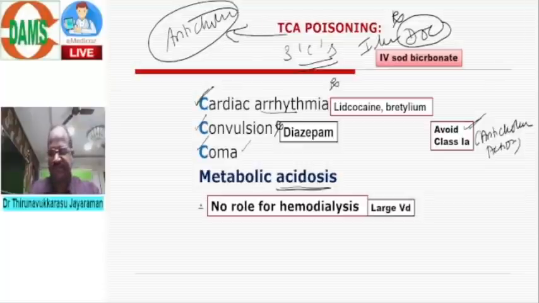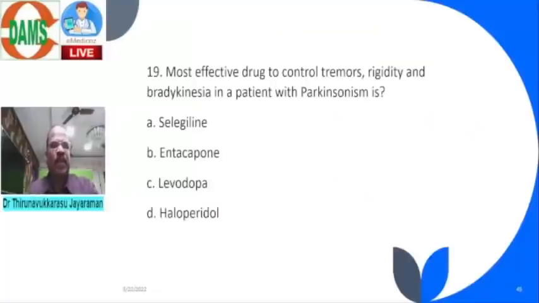This is also important. Next, the most effective drug to control tremor, rigidity, and bradykinesia in a patient with Parkinsonism. Options are selegiline, entacapone, levodopa, haloperidol.